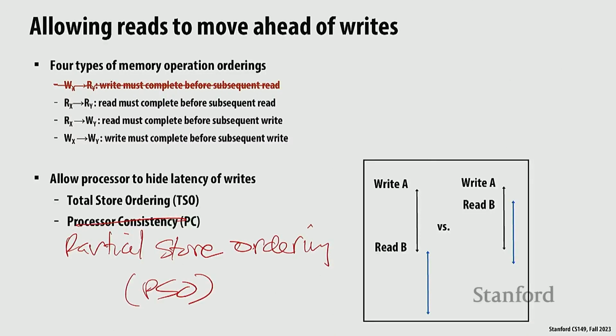All right, and so now we're going to allow you to overlap the read with the write and somehow reduce the impact of the write latency. So hide the write latency, right?